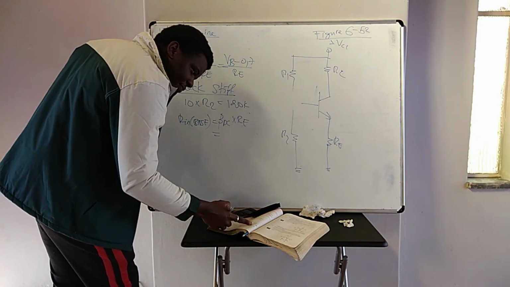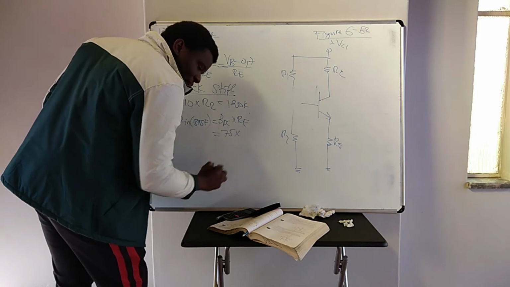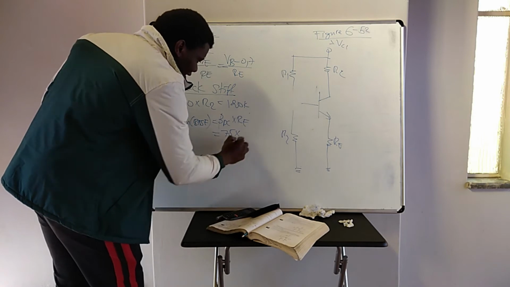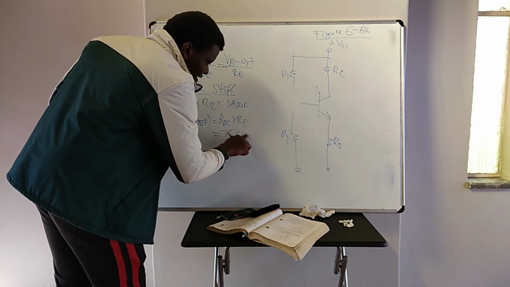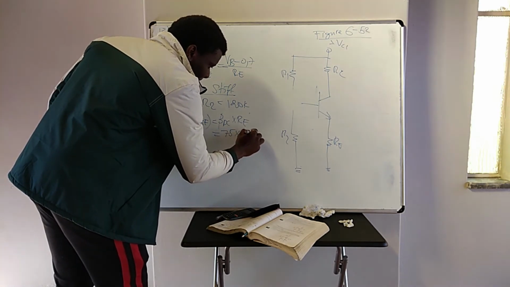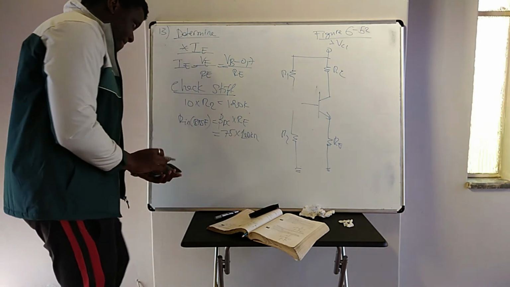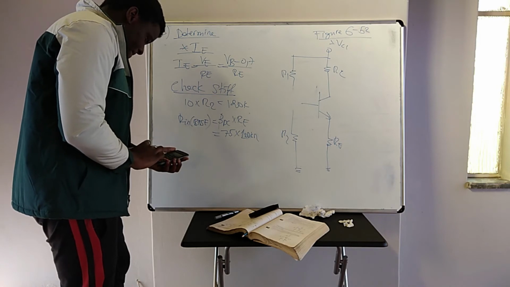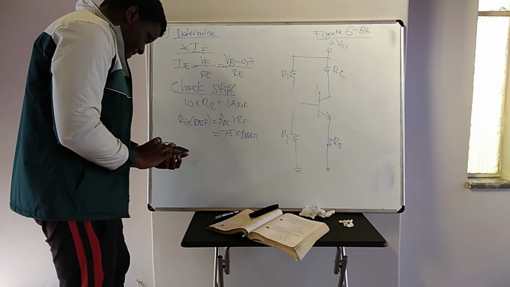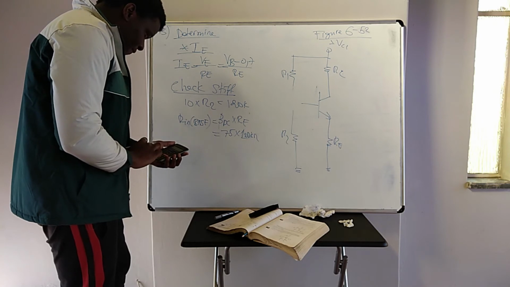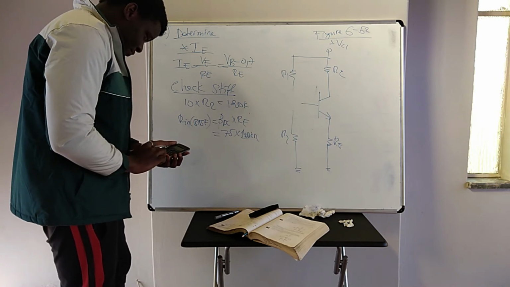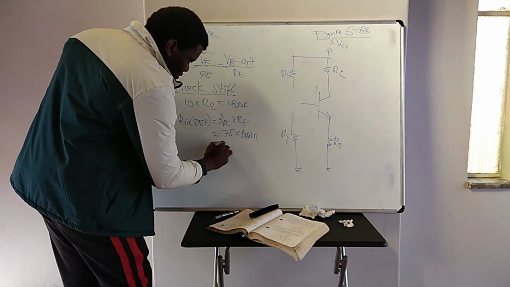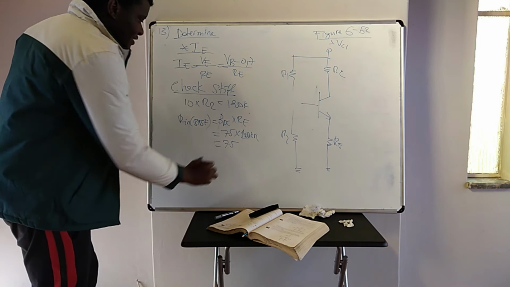We got beta DC 75 times RE, which is 1k. Oh yeah, sorry, I got 75k.